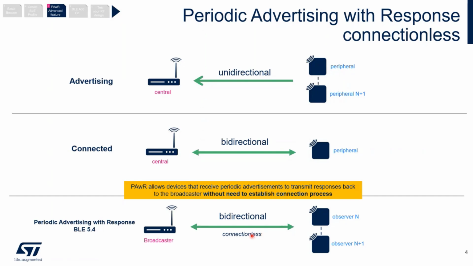That means we are really using here the advertising extension concept and the associated channel format in order to be able to establish a bidirectional communication between the two entities. So this is, of course, a new way that should bring new applications.